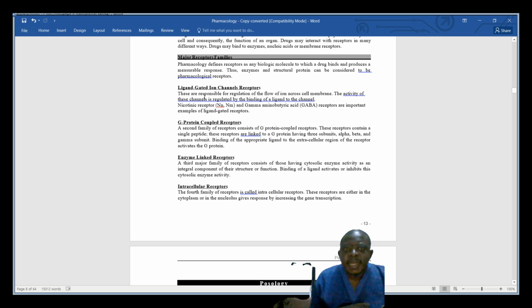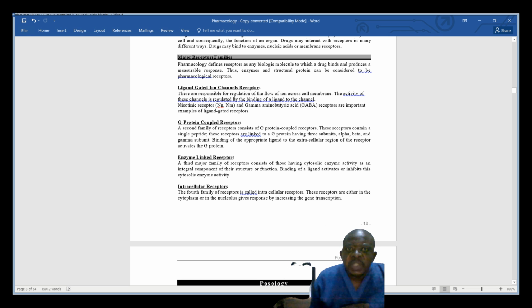So we have ligand-gated ion channel receptors, G protein coupled receptors, enzyme linked receptors, and then intracellular receptors. So these are the types of receptors that we have. Let us now look in more detail at what ligand-gated ion channel receptors are.